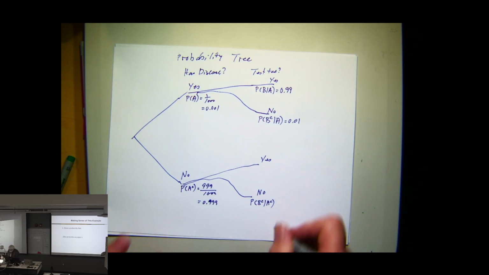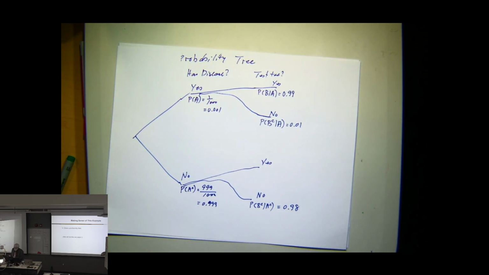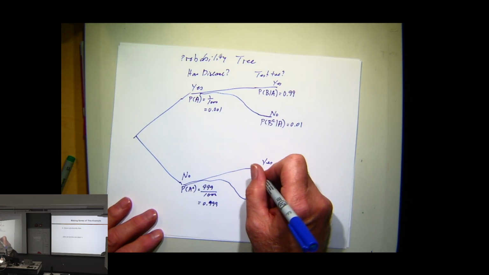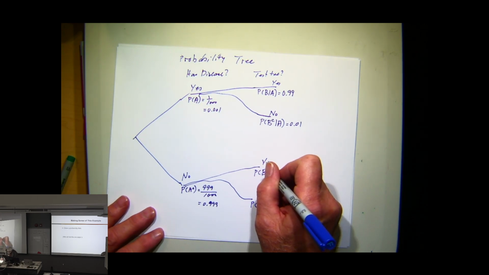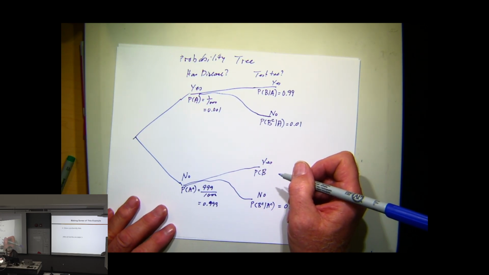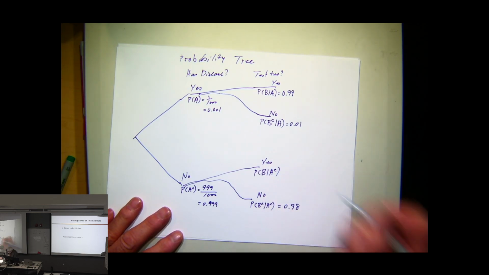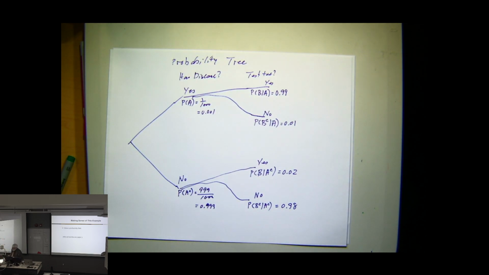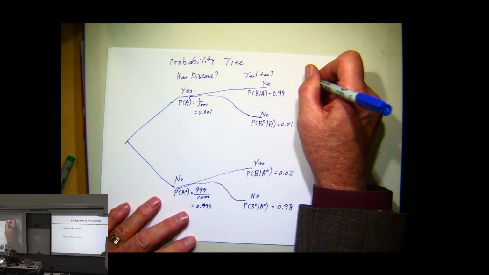And that's 0.98. And that leaves us one more probability to calculate here, which is the probability of getting a positive diagnosis if you don't have the disease. And that's 0.02.